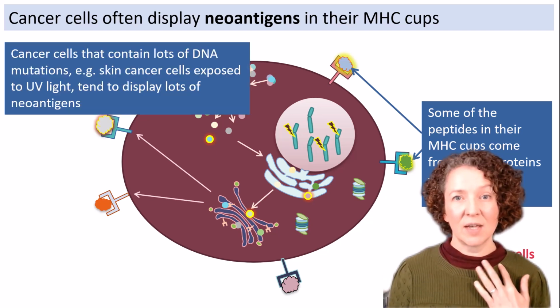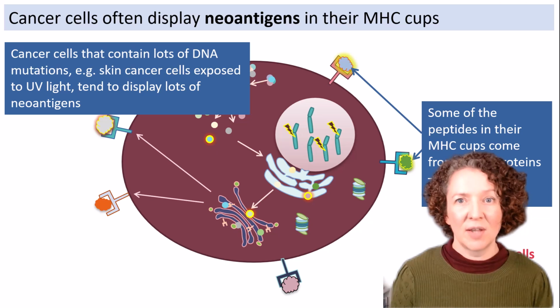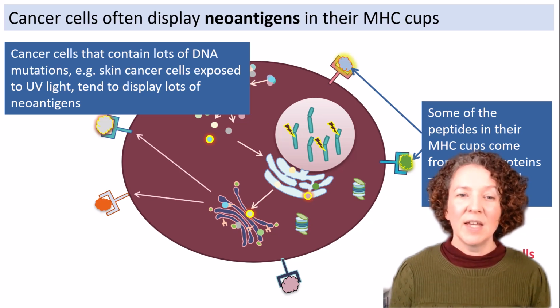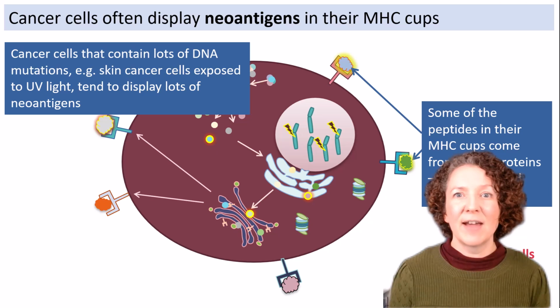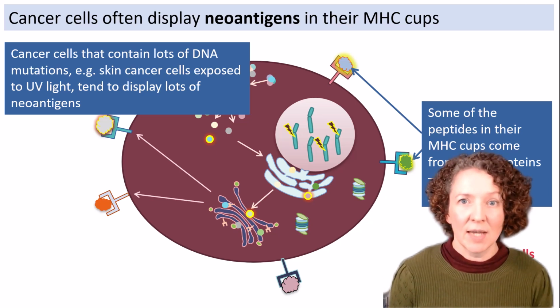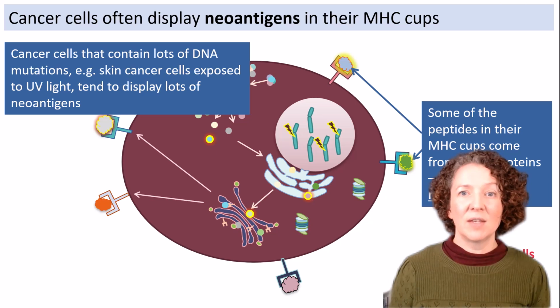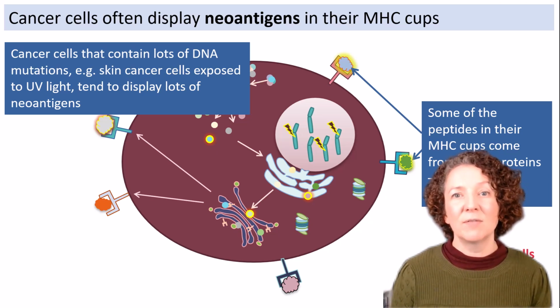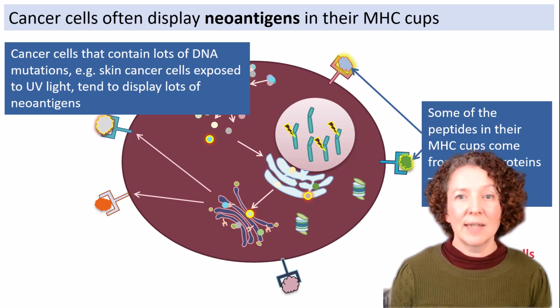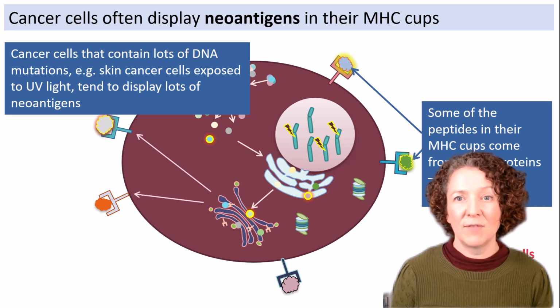Some cancer cells display a lot of neoantigens on their surface. For example, if they are a cancer that has developed because of the effect of UV light from the sun, a skin cancer perhaps, or if it's a lung cancer that's developed because of the DNA damaging effects of cigarette smoke, it's likely to have lots of neoantigens on its surface.